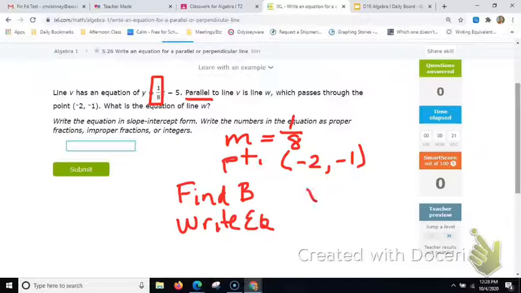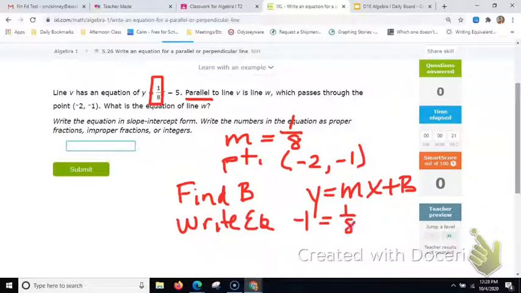So, y equals mx plus b. And the y here is -1. The m is 1/8. The x is -2. And then plus b. So -1 is equal to, these are being multiplied, so this would be -1/4 plus b.